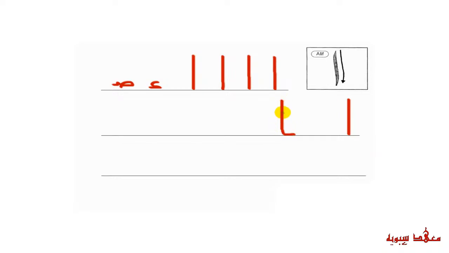If this is in the middle of the word, there'll be a letter coming after it. Now this letter coming after it won't join to the Alif. So let's for example say it was a ba. It'll just be written after it. And similarly, at the end of a word, it'll just be like that.